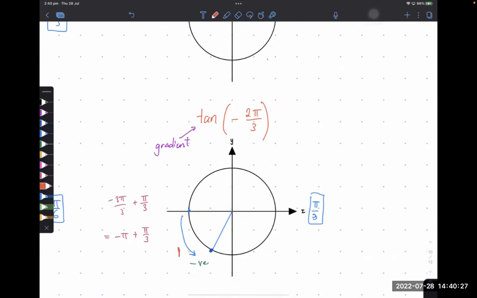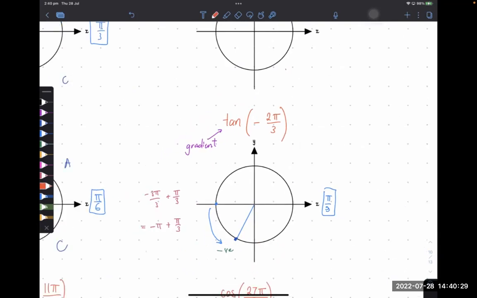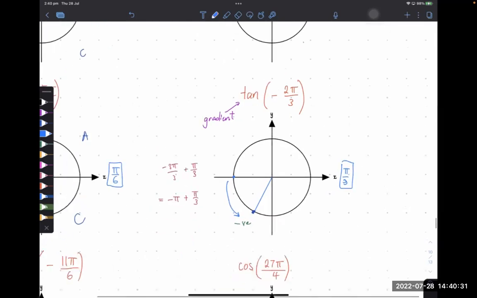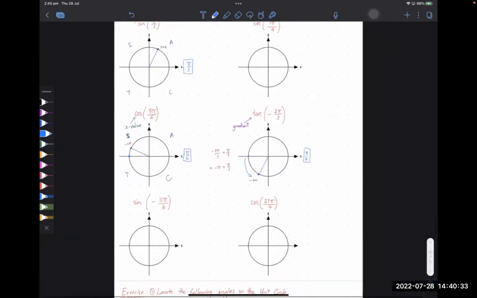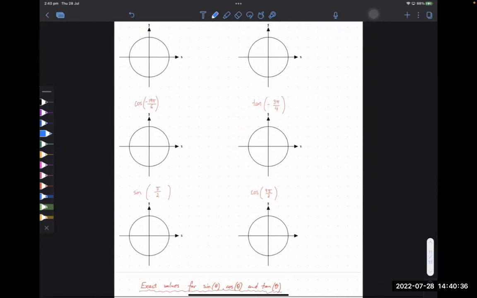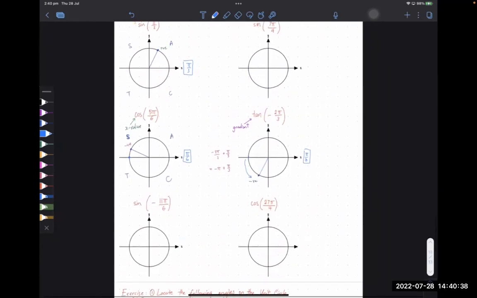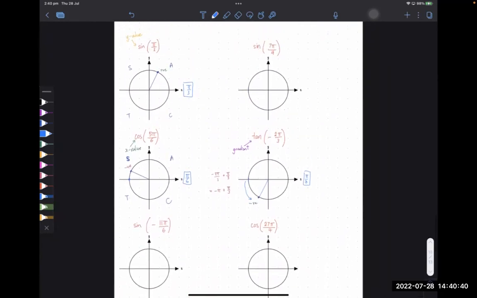Okay, so what I'd like you to do in the next couple of minutes or for homework is go through each of these examples and find where it is and figure out if it's positive or negative.